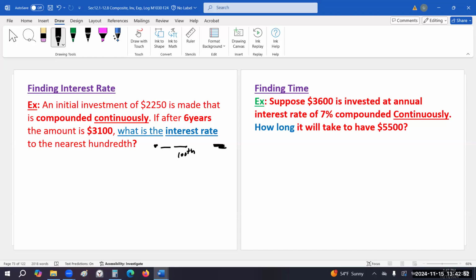Then we have to plug this in, right? Yeah, it's perfect. Every time you see continuously, you always do that formula and log. So you get 1.1.